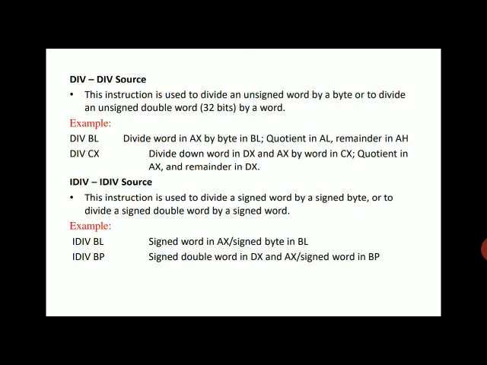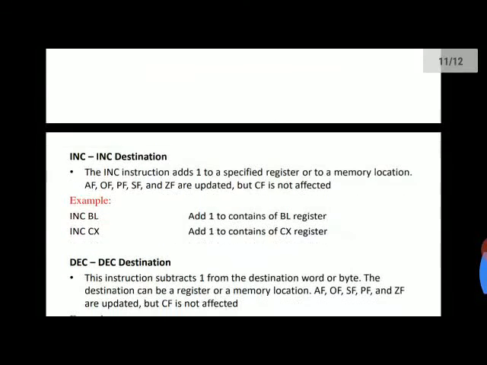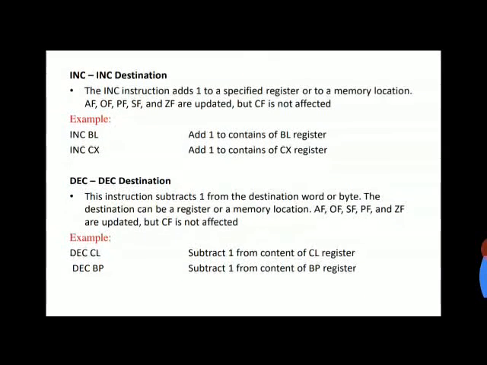And see the next instruction, IDIV. Likewise, as I already explained in IMUL, this instruction is used to divide a signed word by a signed byte. It is explained in the example IDIV BL and IDIV BP. Next, we move on to the increment type of instruction. What is the purpose?